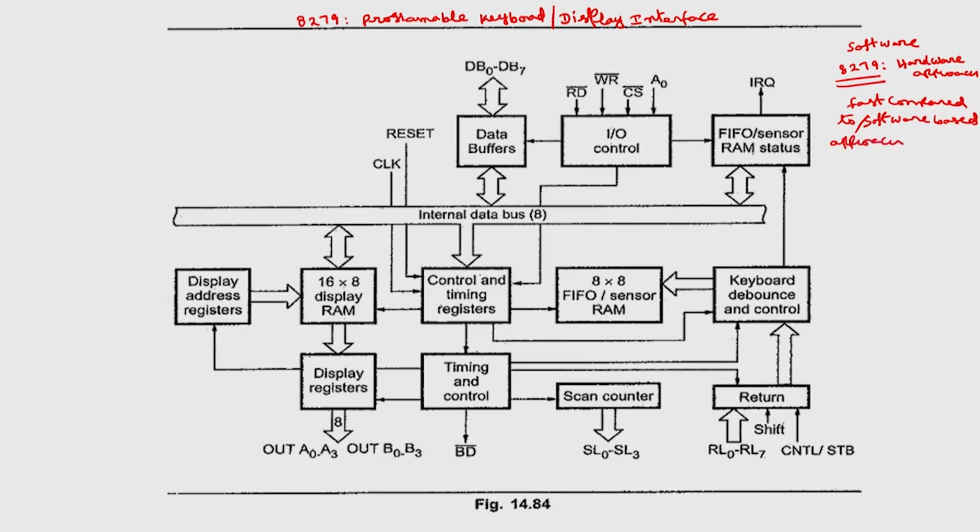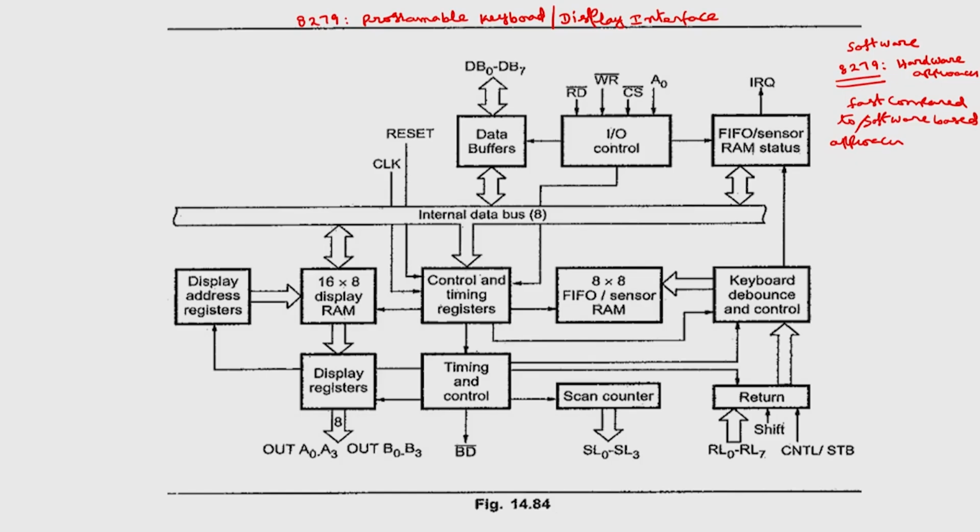But the drawback is it's costly, because you have to add an 8279 IC. So, there will be a trade off between the cost and the speed of the operation. Depending upon the applications, we have to go for either the software based approach or the hardware based approach.